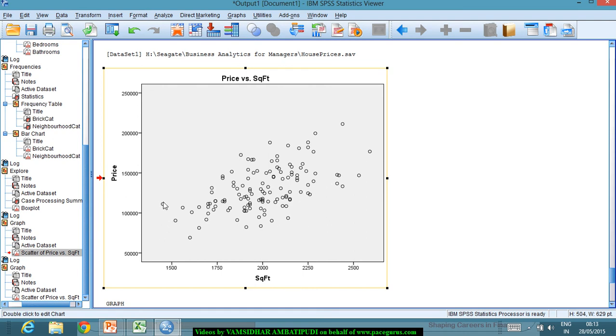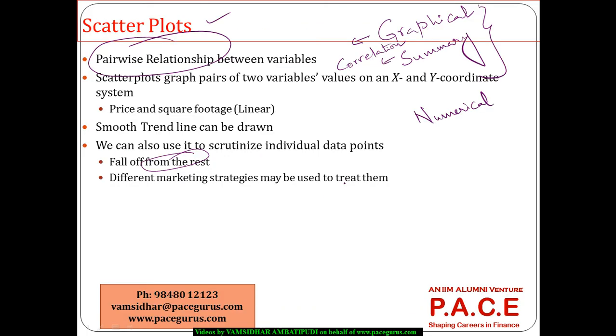Though it's a very small house, I can sell it for a higher price. I have to see what kind of house that is. But it's a small house sold at a high price, and this is a very big house sold at a low price. So I may have to change my strategies for targeting those kinds of houses. That is where the scatter plot can help me make a quick decision by looking at the pairwise relationship between the variables.